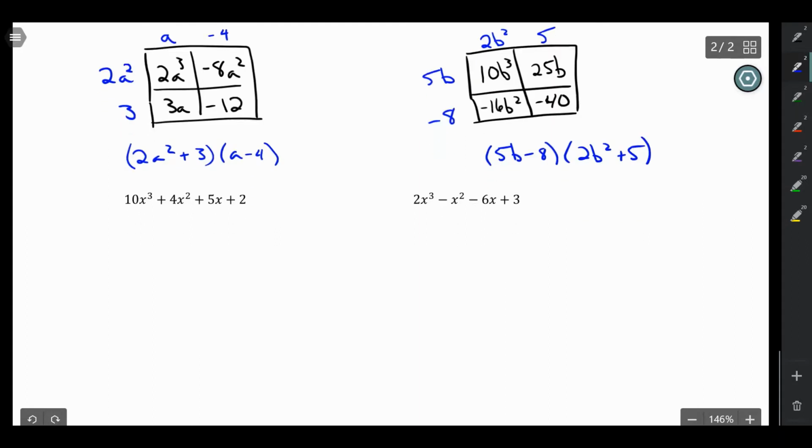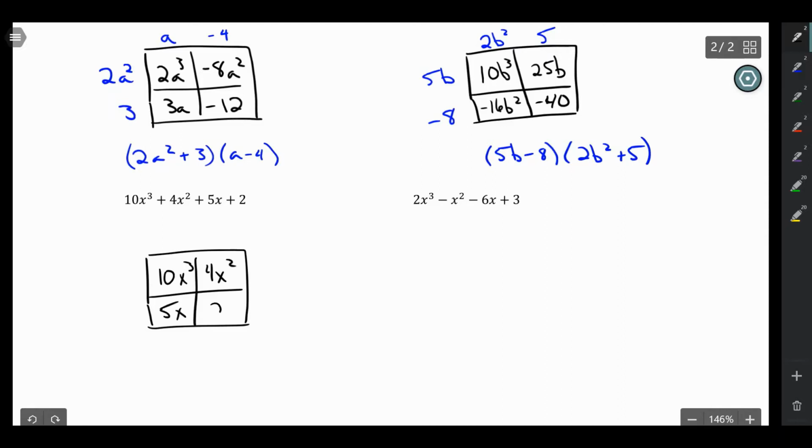Here we go. Couple more. Because I have 4, I need 4 spaces in my box. 10x cubed, 4x squared, 5x, and 2. Looking for those greatest common factors. Looks like it's going to be 2x and 1.